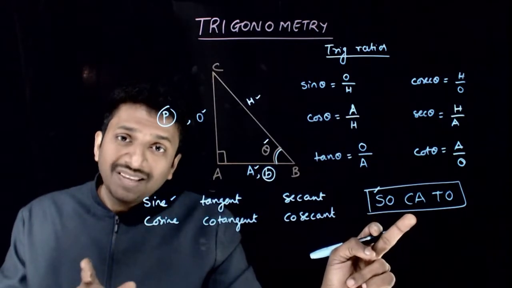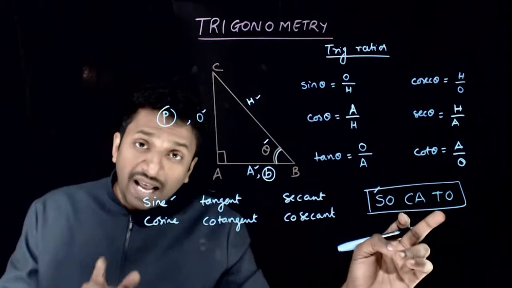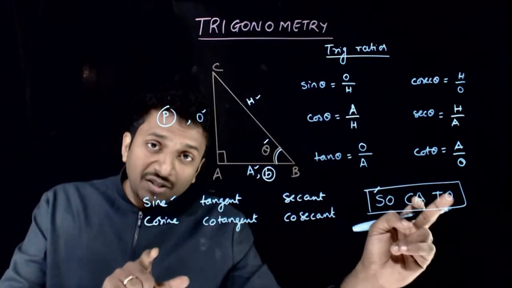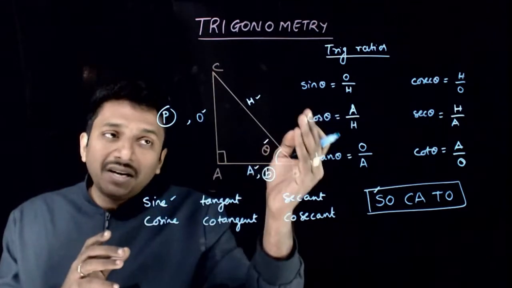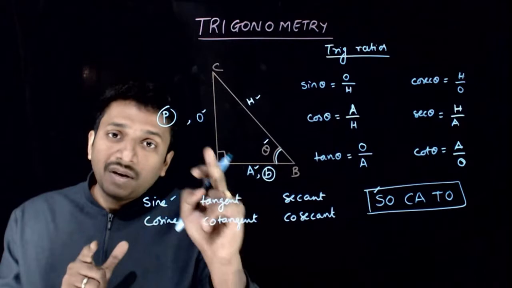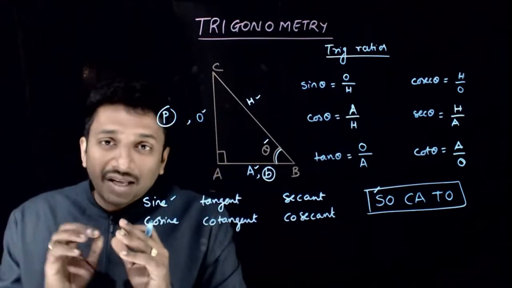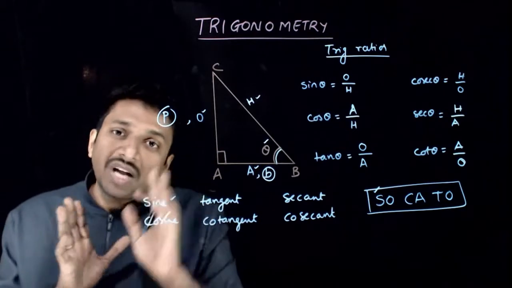Cos starts with adjacent side, so adjacent side by hypotenuse is cos. Tan starts with opposite side, that is opposite side by adjacent side. You can remember this much, that in sine and cos you get hypotenuse also. And tan is the ratio of two right angle sides. The confusion comes whether we start with A or you start with O.